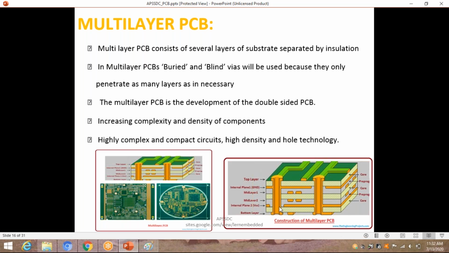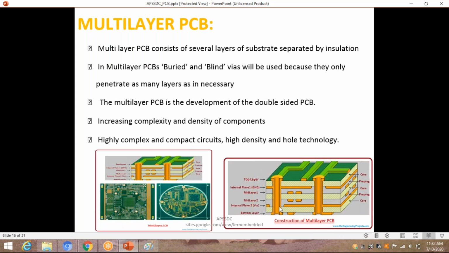Yes, sir. Keep in mind that in multi-layer PCBs we have several layers in between the top and bottom layers.